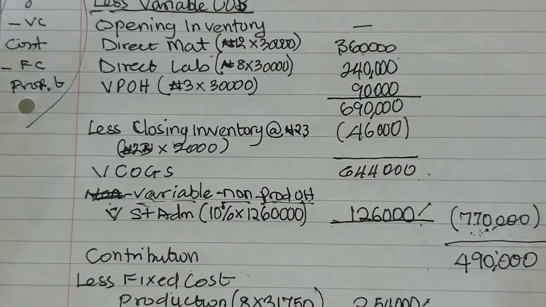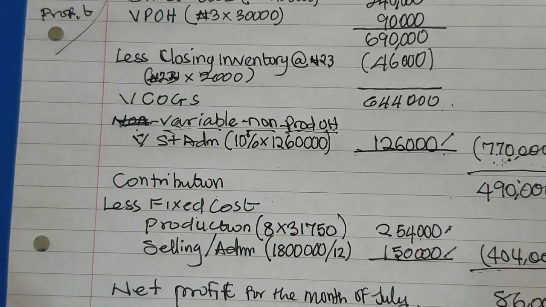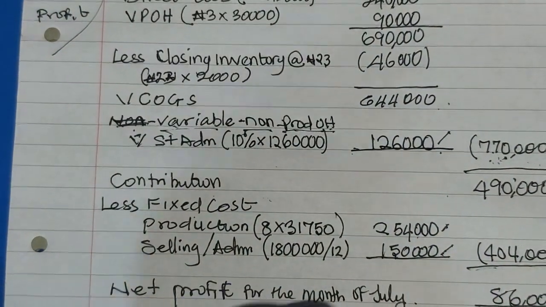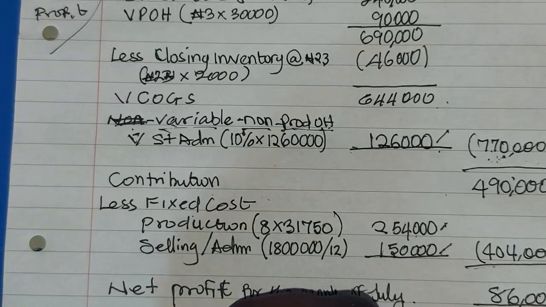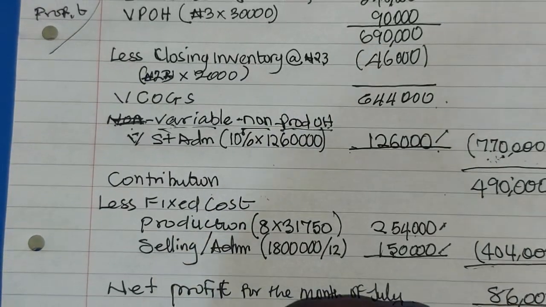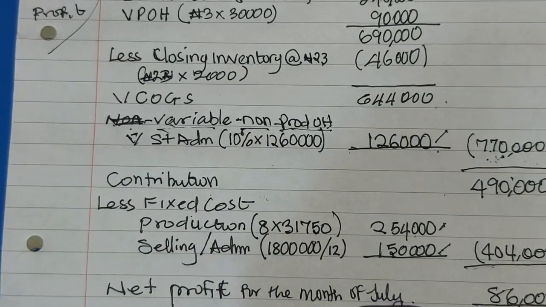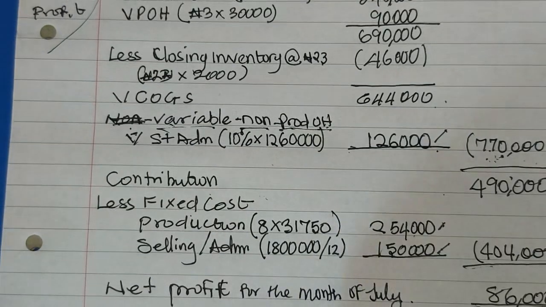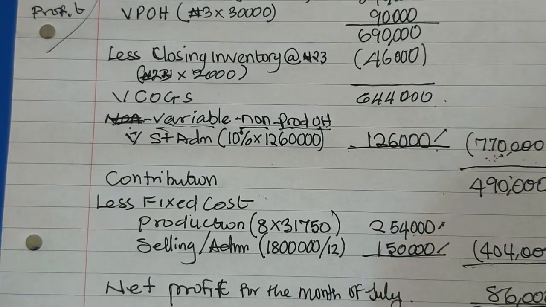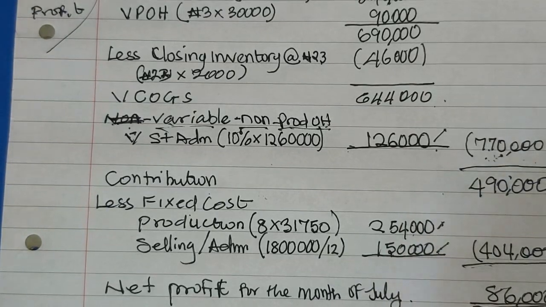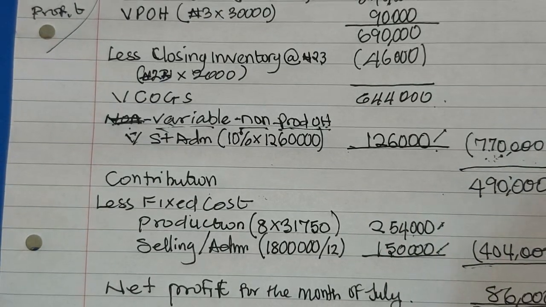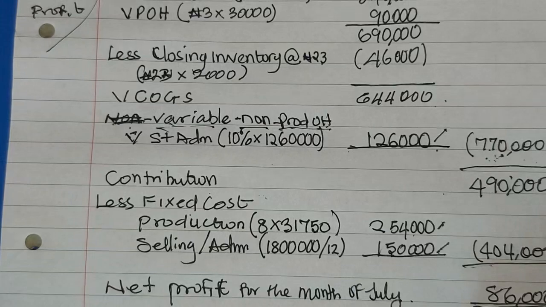The question may ask you to reconcile the profit. You now write the reconciliation of absorption costing profits and marginal costing profits.